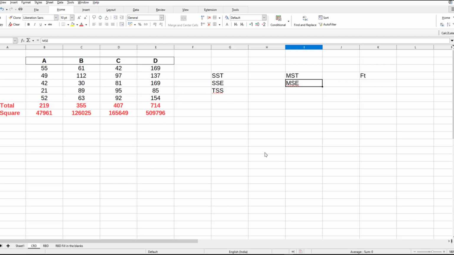Okay, let me write down the formulas now. For the calculation of the different terms used in one-way ANOVA, first we calculate the raw sum of squares. From now on I will denote sum of squares by SS. The raw sum of squares is every observation first squared and then added.